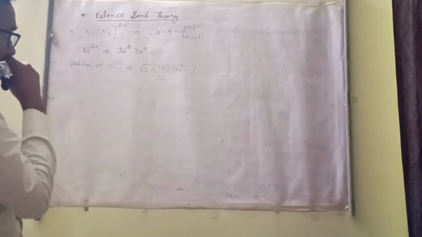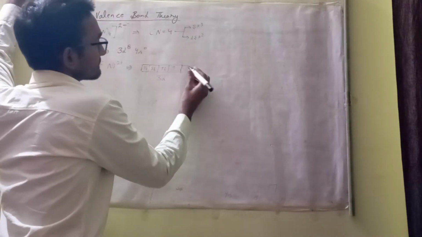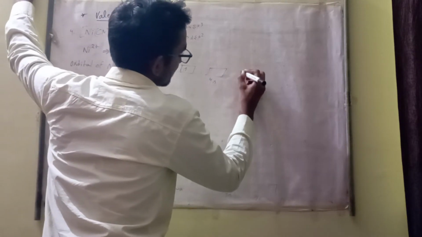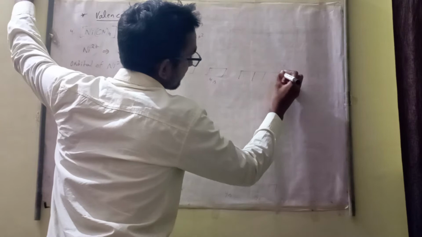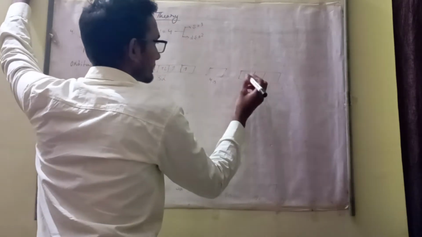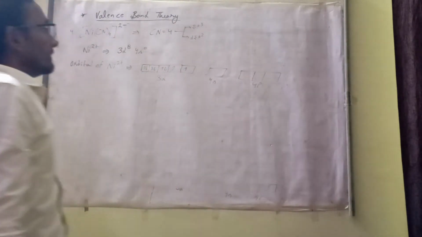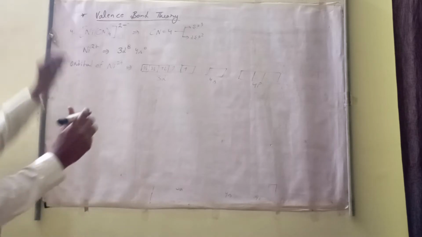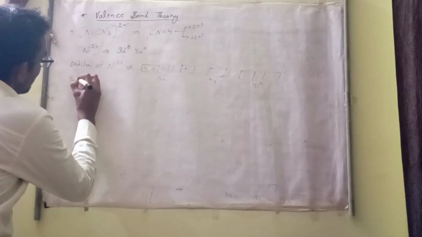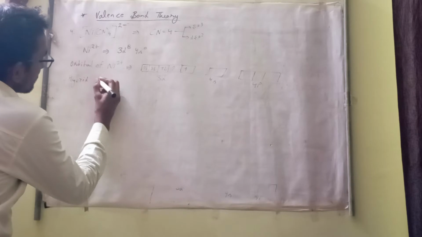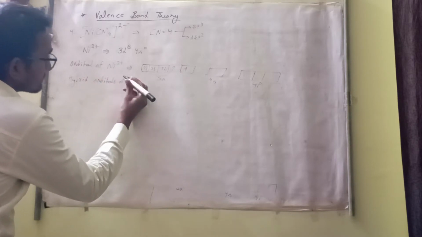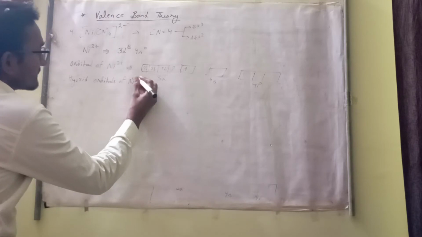how many electrons are there? 8 electrons are there, and 4s, and this is your 4p. Now the hybrid orbitals of nickel 2+.